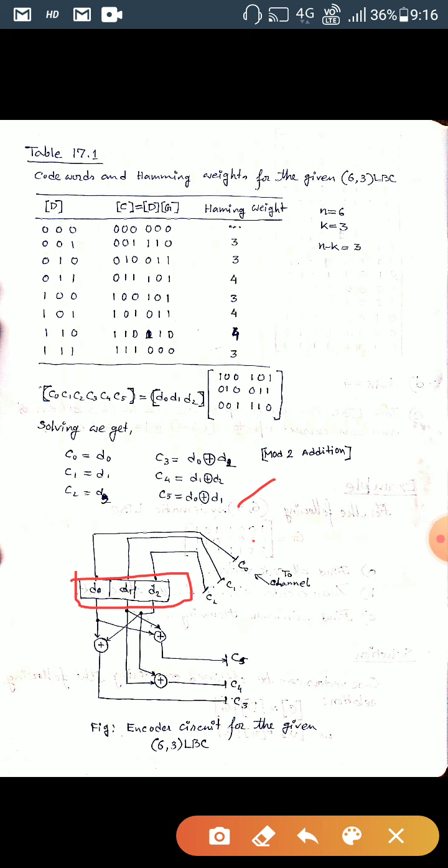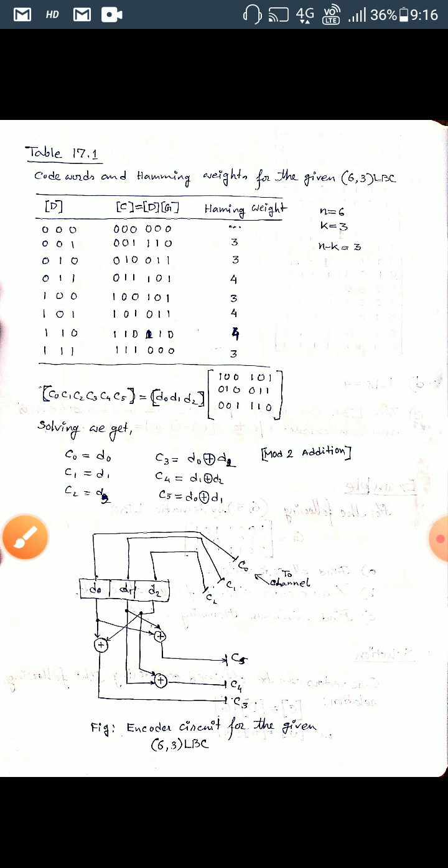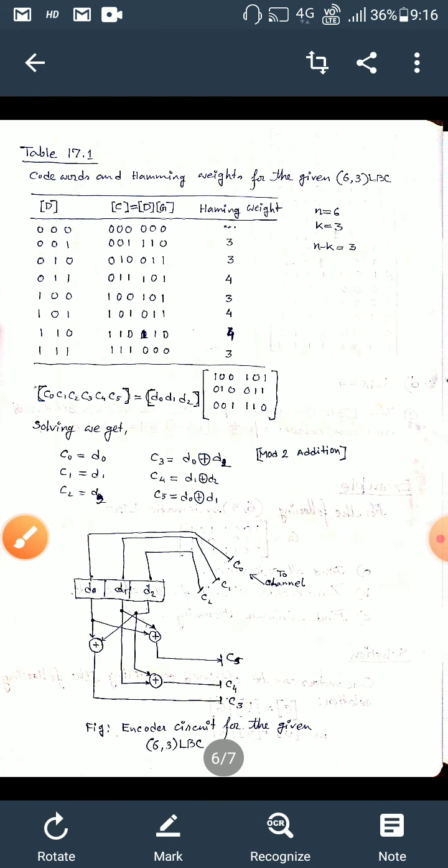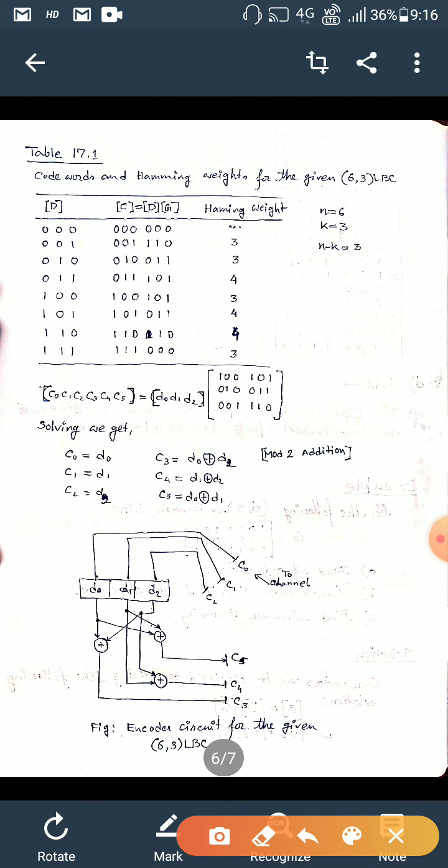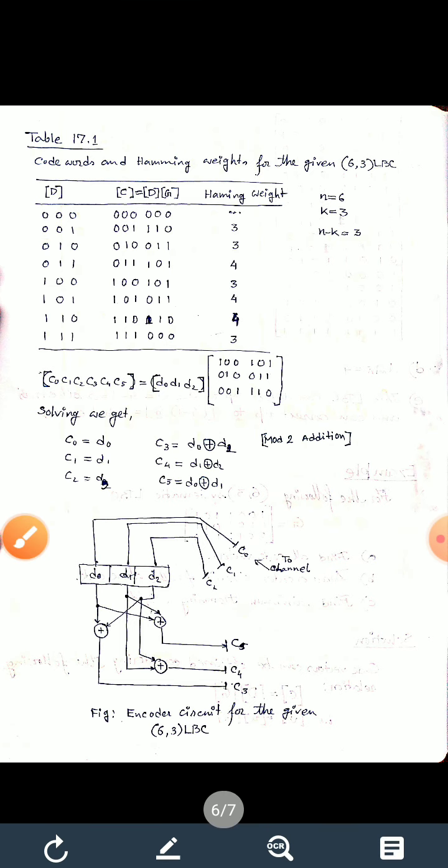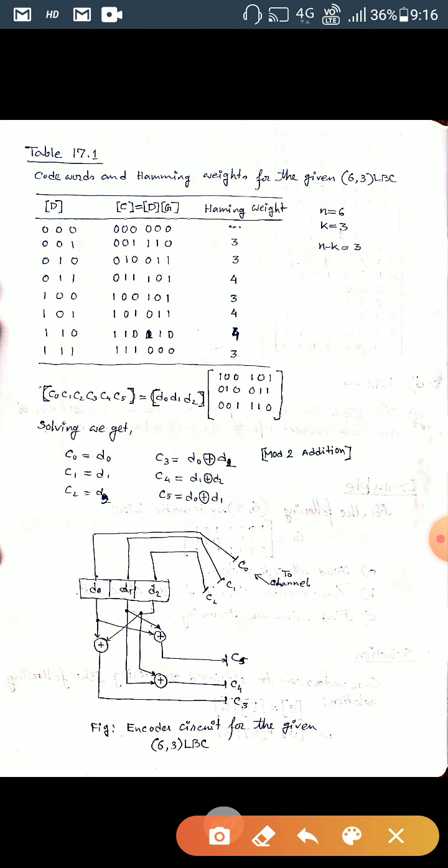To get the value for the Z0, C0 will be directly connected with the channel. If you consider the C1, that one is also directly connected with D1, because the equation is given to you as such.